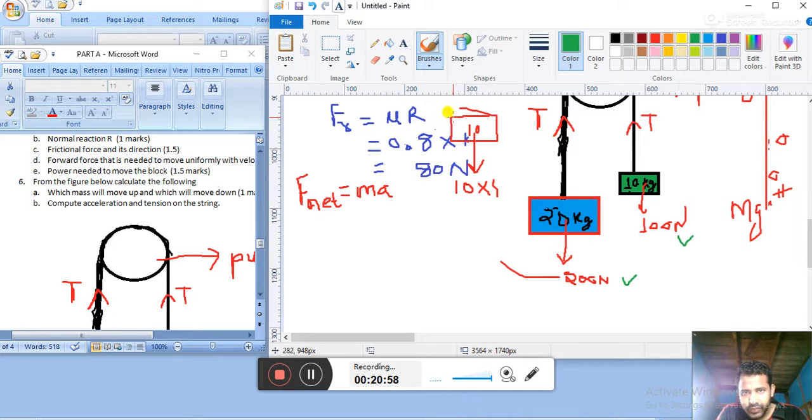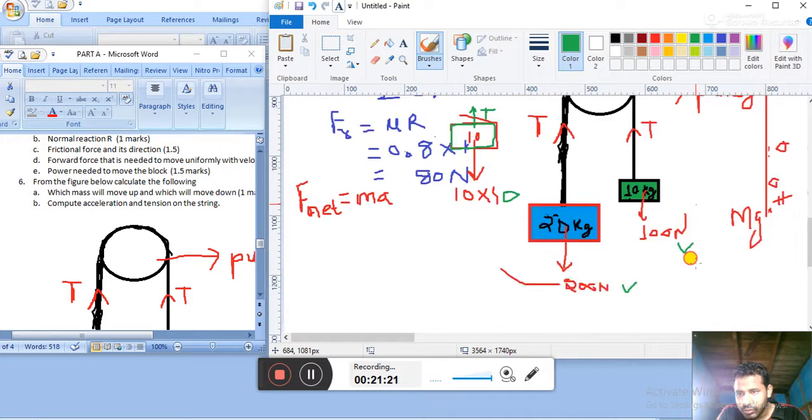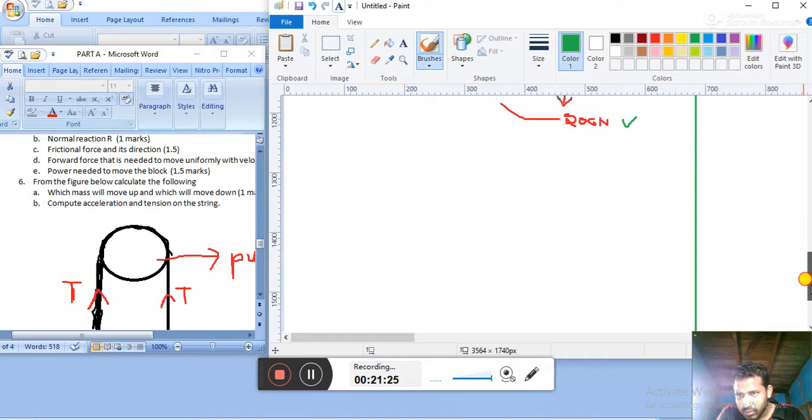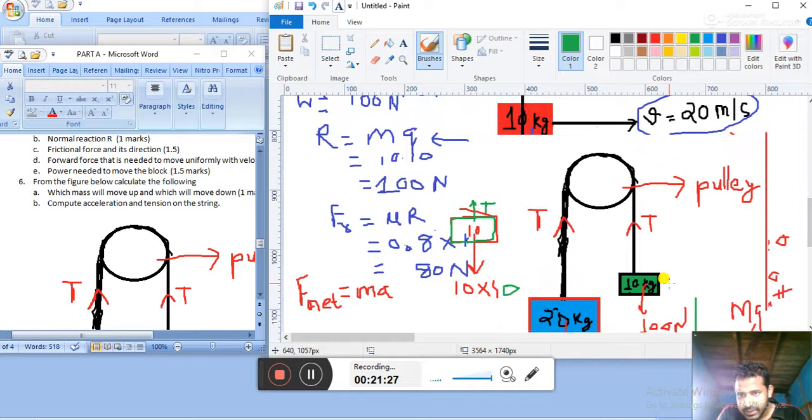Okay, now I am drawing the figure. See here, this is 10 kg, and here is mg, so 10 into 10. Vertically upward there is a tension in the string. In a system like this, the 10 kg will go upward and the 20 kg will come downward. Downward force is 10 into 10 and upward force is tension.